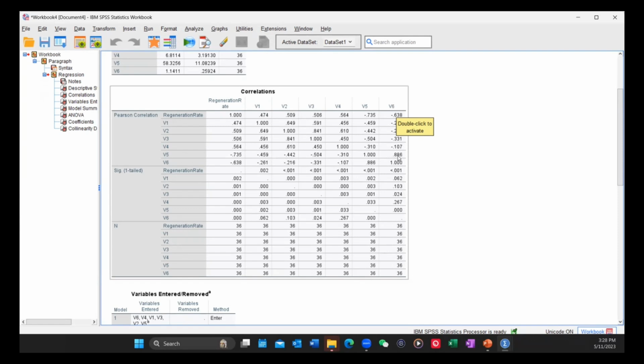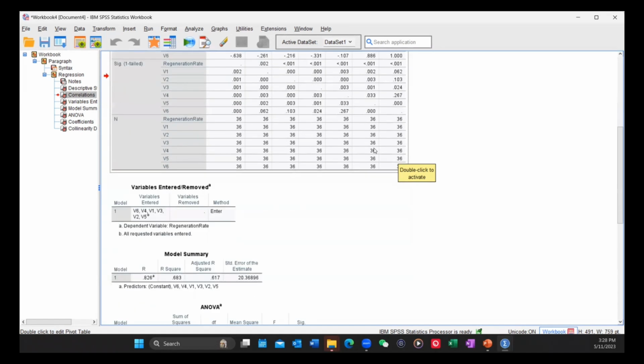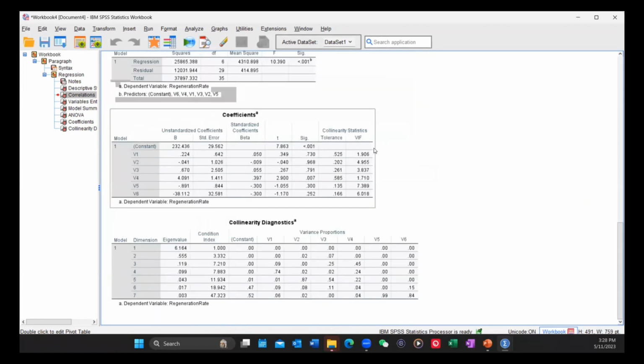And the second one is 0.886 for V5 and V6. Okay, so we are going to keep this information to pay more attention to the pairs of V2, V3, and V5, V6.